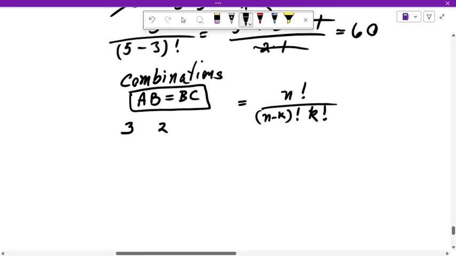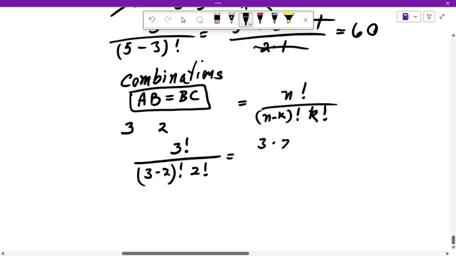So 3 coins, 3 factorial over 3 minus 2 factorial, and 2 factorial. 3 times 2 times 1, divided by 3 minus 2 is 1, and 2 factorial is 2 times 1.